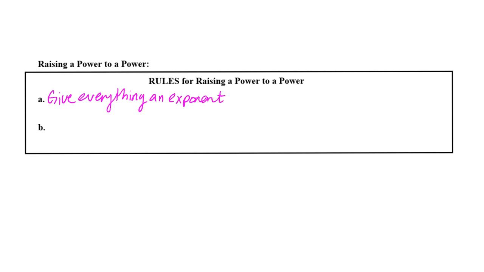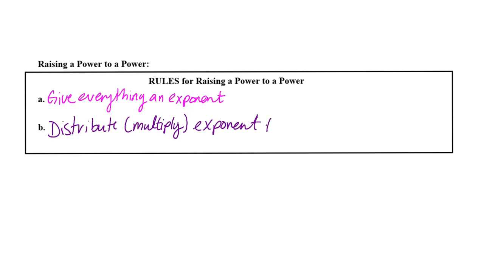And then our second rule is to distribute, which when we distribute, the math operation that we do is multiply the exponent to everything in the parentheses.